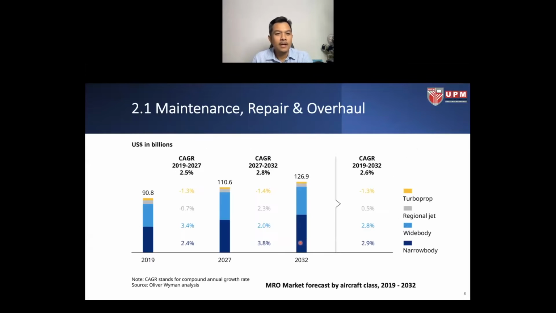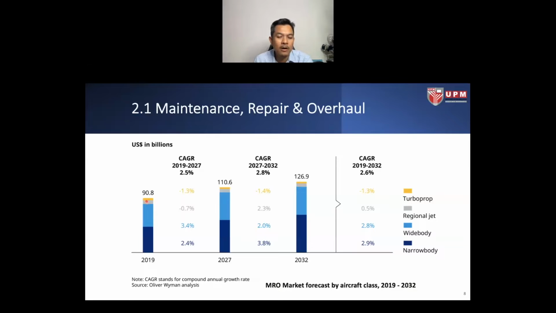Okay. If we look here at the MRO market forecast by aircraft class, it is already shown here in US billion. Depending on the type of the aircraft, narrow body is still dominating, but it is very close to the regional jet. The wide body is the lighter blue here, the regional jet is in gray, and the orange is the turboprop.